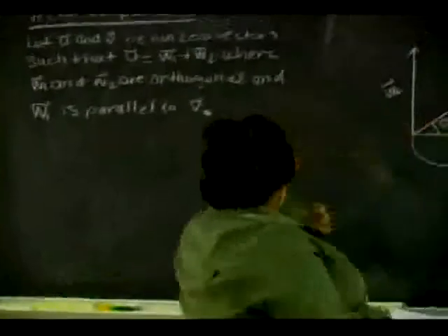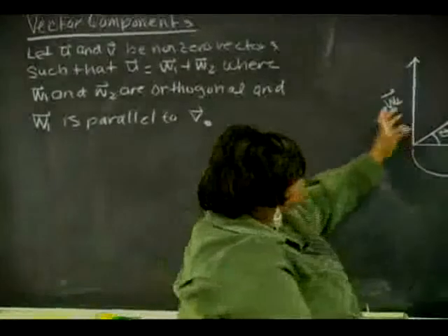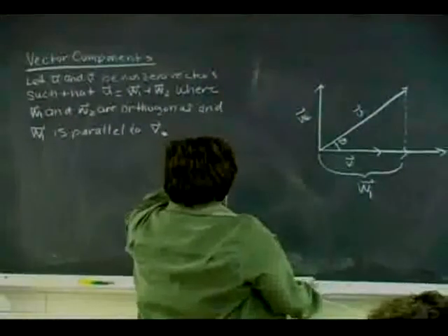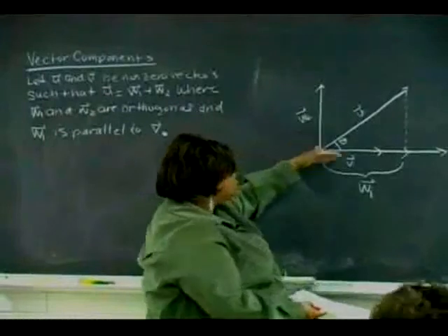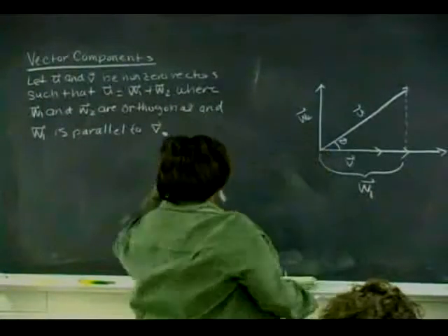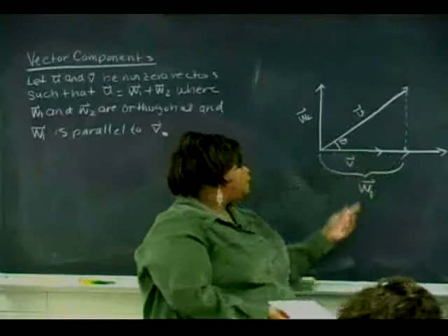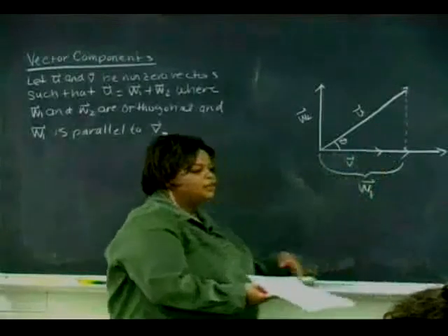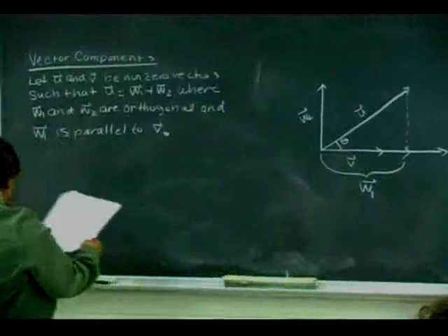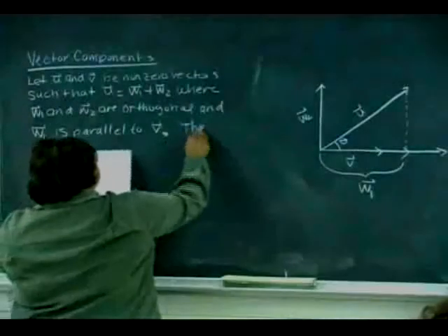So let U and V be non-zero vectors such that U is the sum of W1 and W2. And W1, W2 are orthogonal, which means they form a 90-degree angle. And W1 is parallel to V, which means pretty much the scalar multiple.